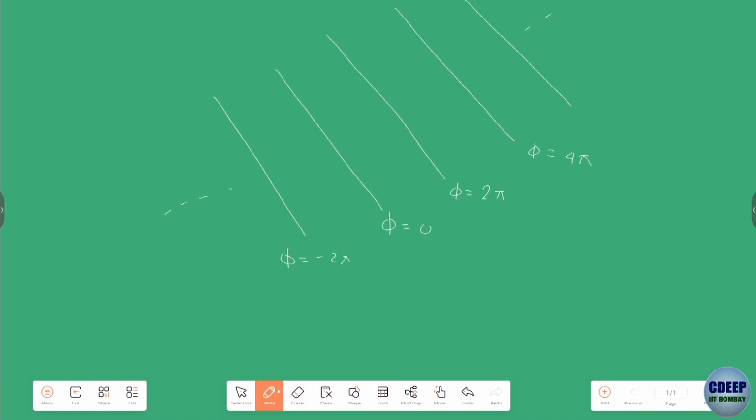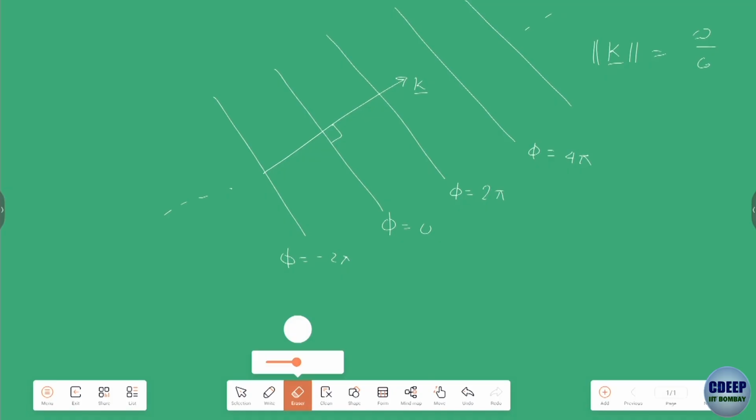So the wave number vector is just the direction that is orthogonal to these wave fronts. So this is the wave number vector, and the magnitude, or the norm, of the wave number vector is omega by c naught. So that is the physical significance of the wave number vector.